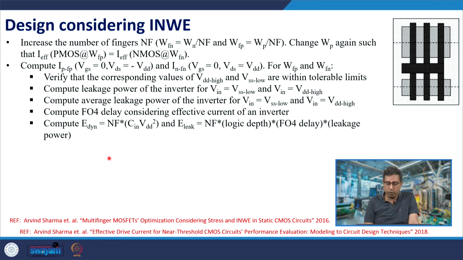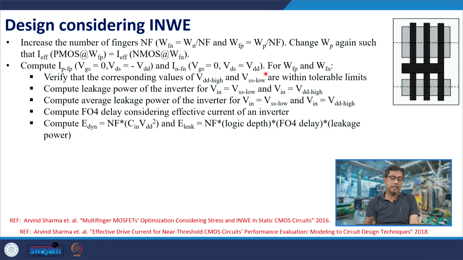So, for example, here you have a 3-finger layout shown, but we are now going from 1 to 2. We had a 1 finger layout and we are going for 2 fingers. So, the finger width would come out to be this, for the PMOSFET, WP by 2.